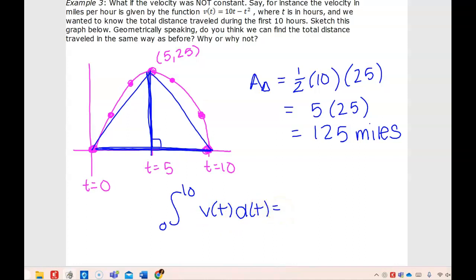And just to give you an idea of how good our estimate was, not very good, but your actual is 166.66.